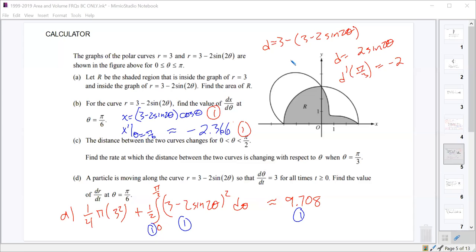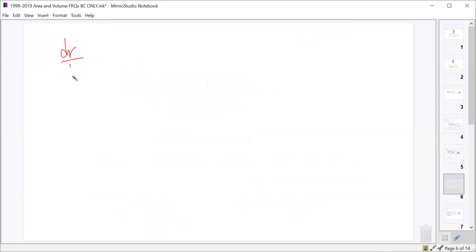Because we should be able to say that dr dt, the derivative of r with respect to t, should be the derivative of r with respect to theta, which is the variable that we have r in terms of, times the derivative of theta with respect to t. Right, so dr dt should be dr d theta times d theta dt.